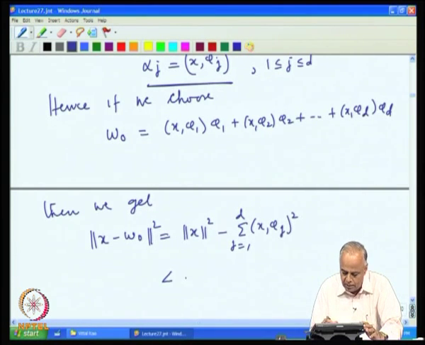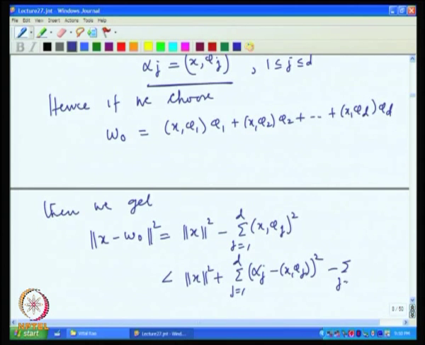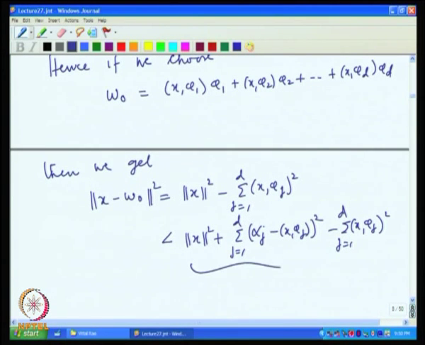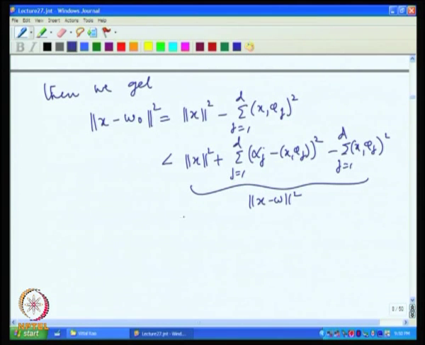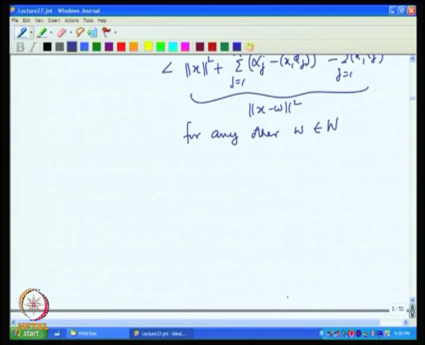and this is strictly less than norm x squared plus summation j equal to 1 to d alpha j minus x phi j squared minus summation j equal to 1 to d x phi j squared, which is the same as this quantity, norm x minus w squared for any other w in W, and therefore, w naught is the vector that gives the least error.